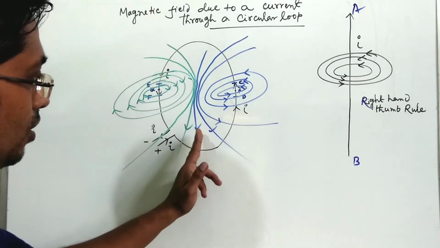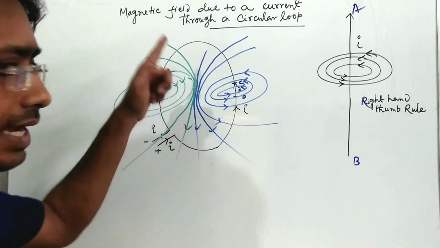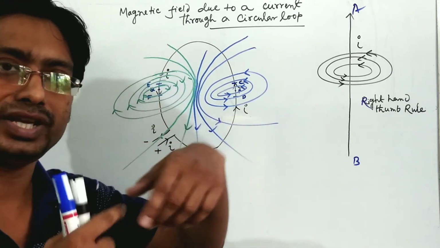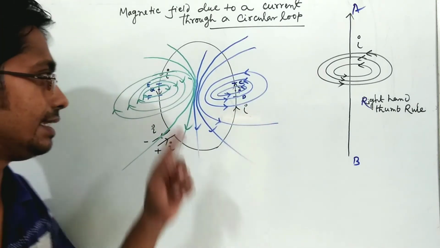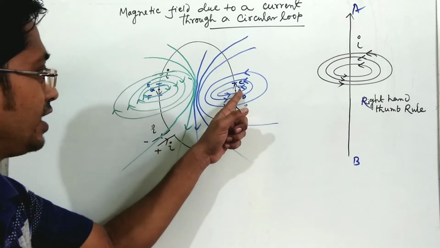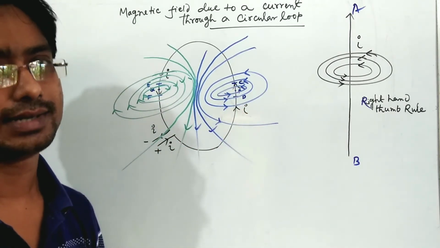At the middle of the circle, the center of the circle, you can see the field lines are part of a bigger circle, and as this line is far away from the points P and Q, it looks like a straight line.